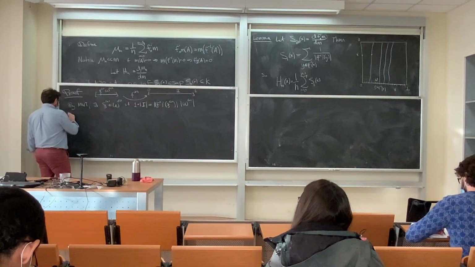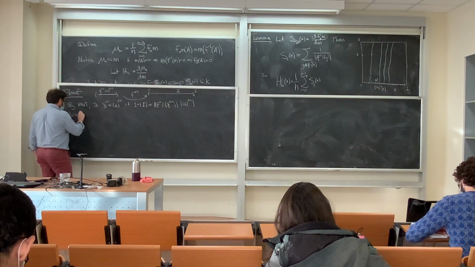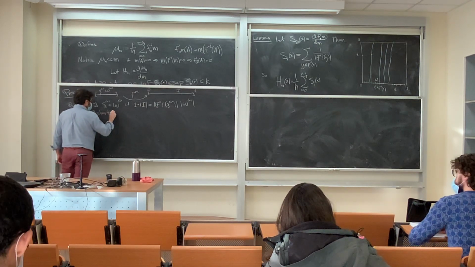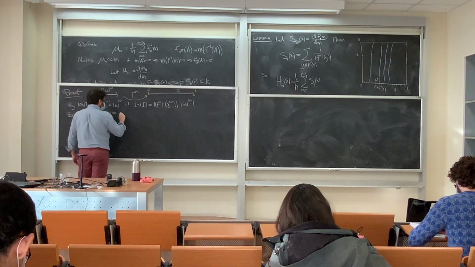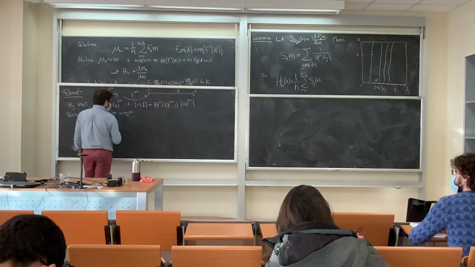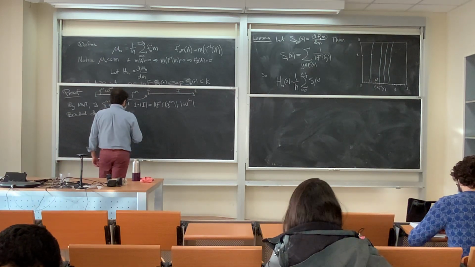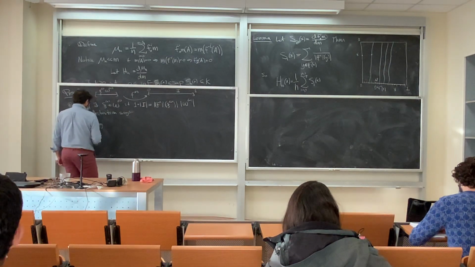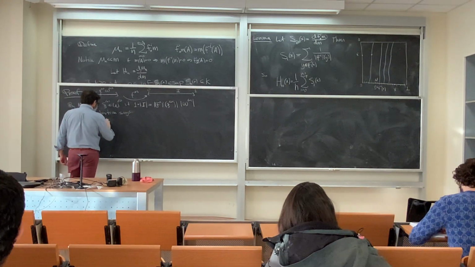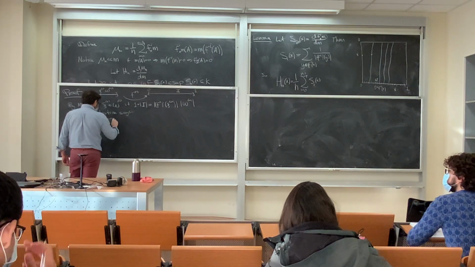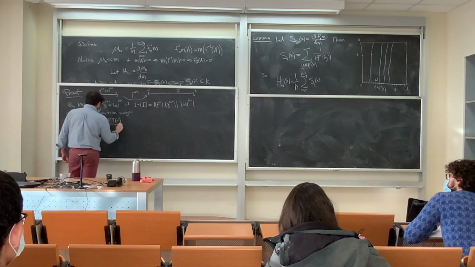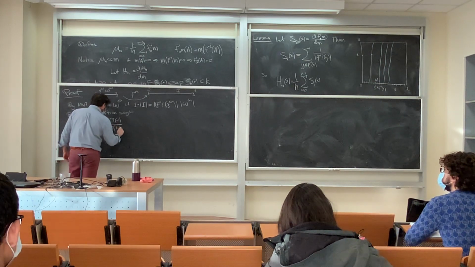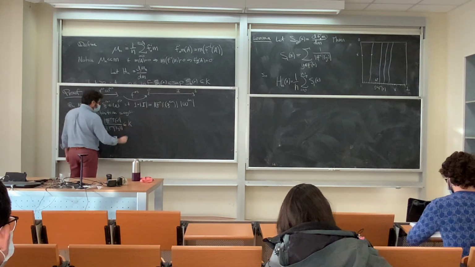So by bounded distortion, in particular, the log of F_n prime x over F_n prime y is less than or equal to some constant.